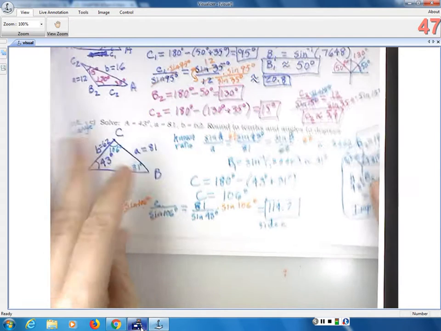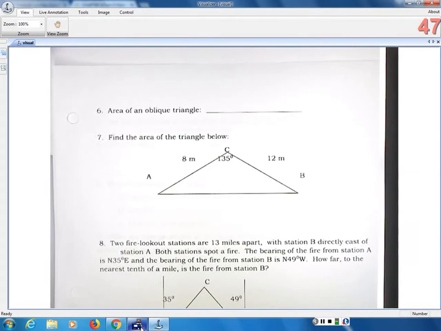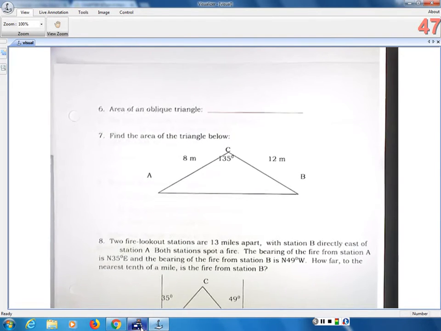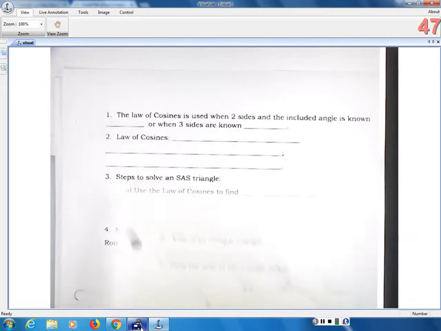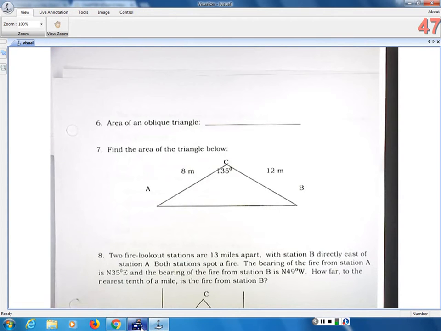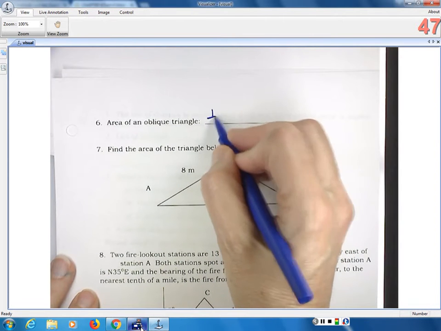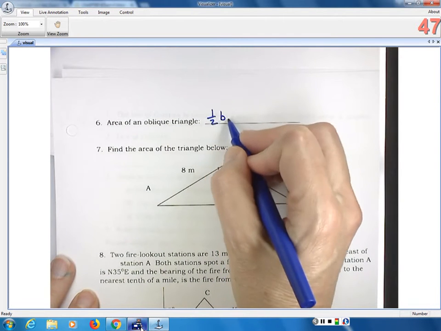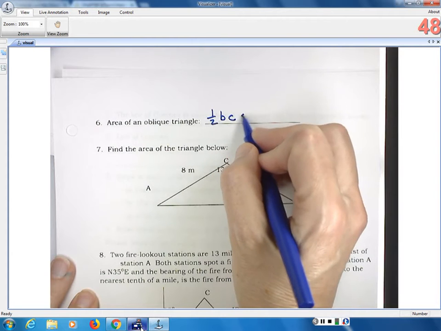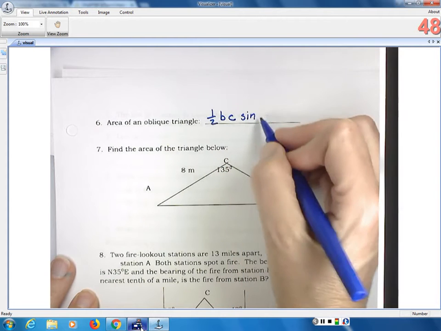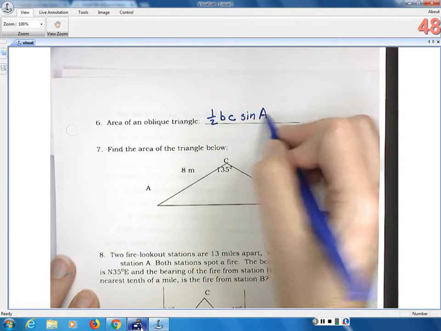Okay, so the last thing for this section. Got one more page. If you need to find the area of an oblique triangle, it's given by 1/2 side B times side C times the sine of the angle between them.